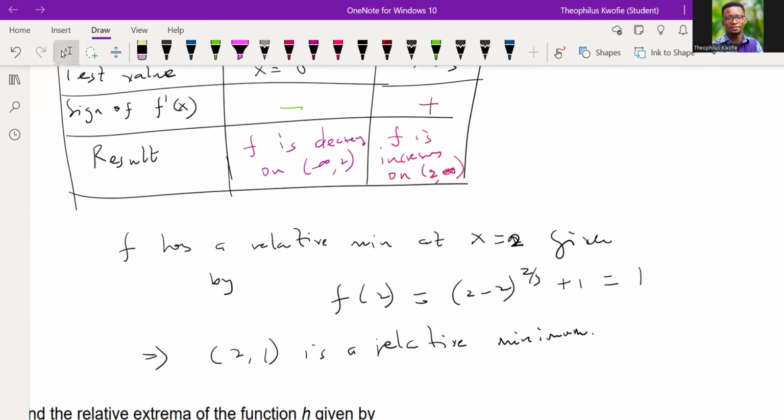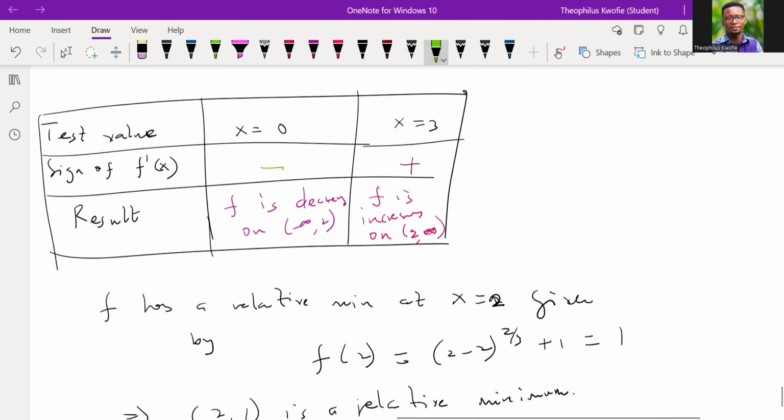Since it's a relative minimum, if I want to give a sketch of the graph, remember there was a decrease. So the function was going down. Remember the sign of the slope. It was going down, and then at some point it begins to go up.